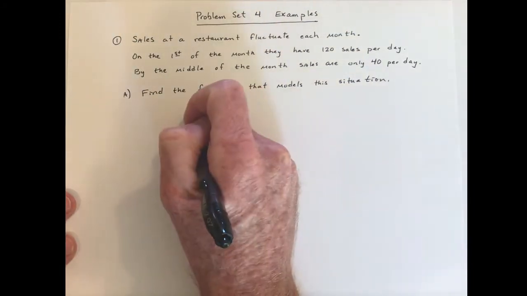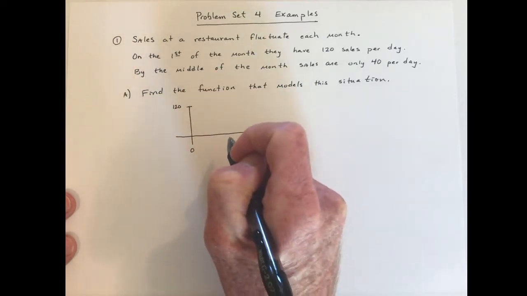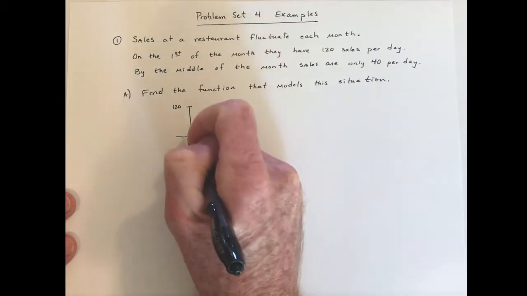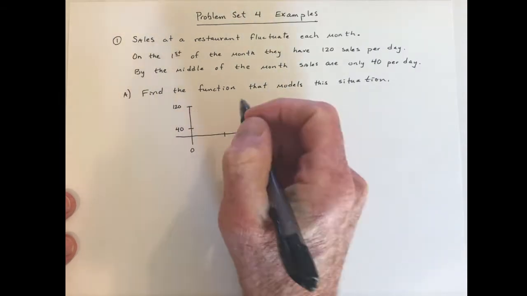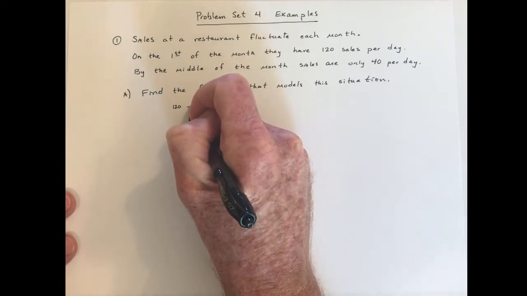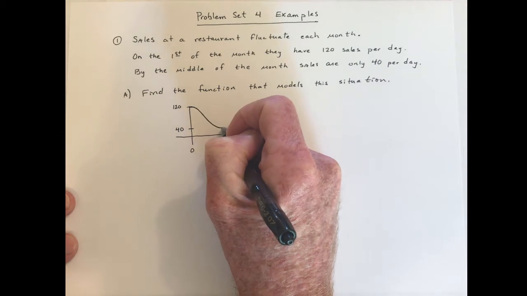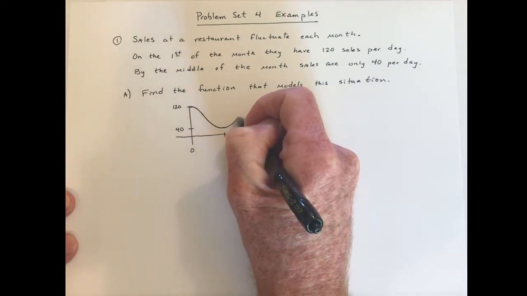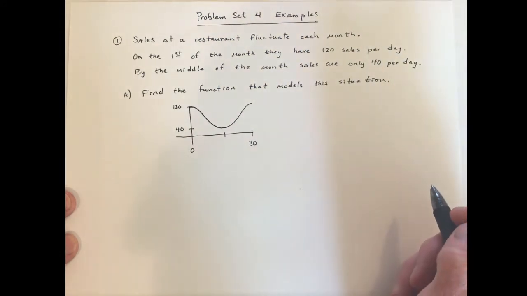And at the beginning of the month, they're going to be at the top, 120. By the middle of the month, they're going to be down the lowest, which is 40. So it fluctuates. By the middle of the month, it gets to the lowest, and then it's going to go back up. So that looks like cosine.